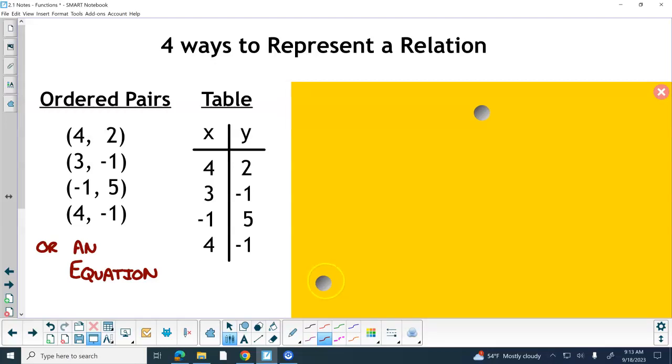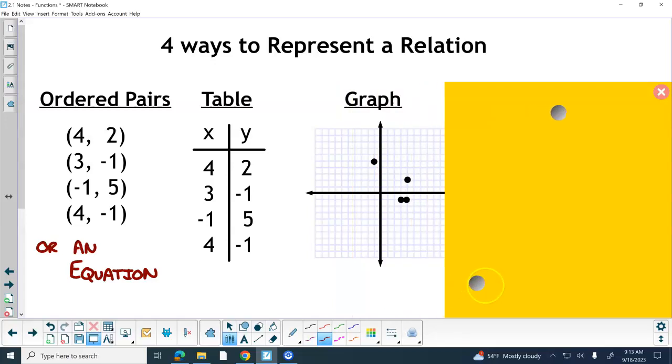Okay. Next way is everybody's favorite, and that is a graph. We could graphically represent this relation, and we would map out where those points are on our Cartesian coordinate system.